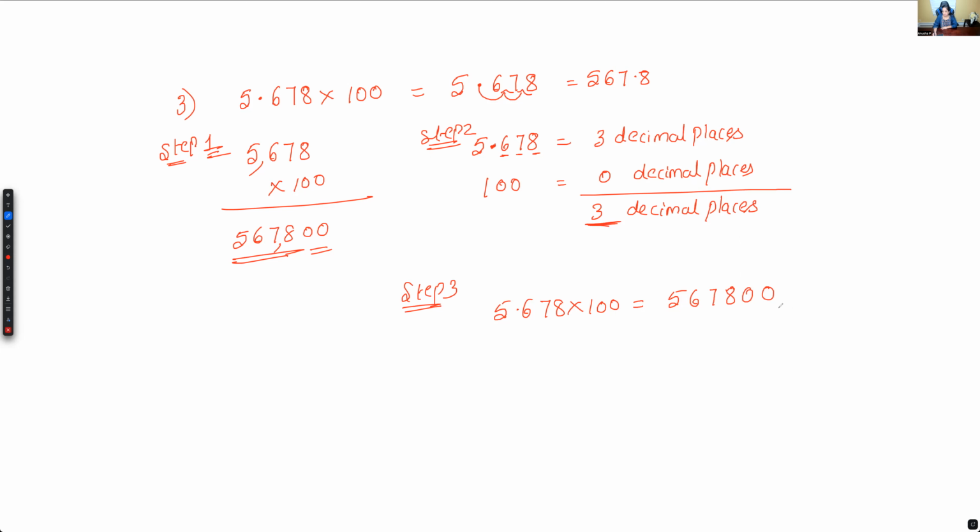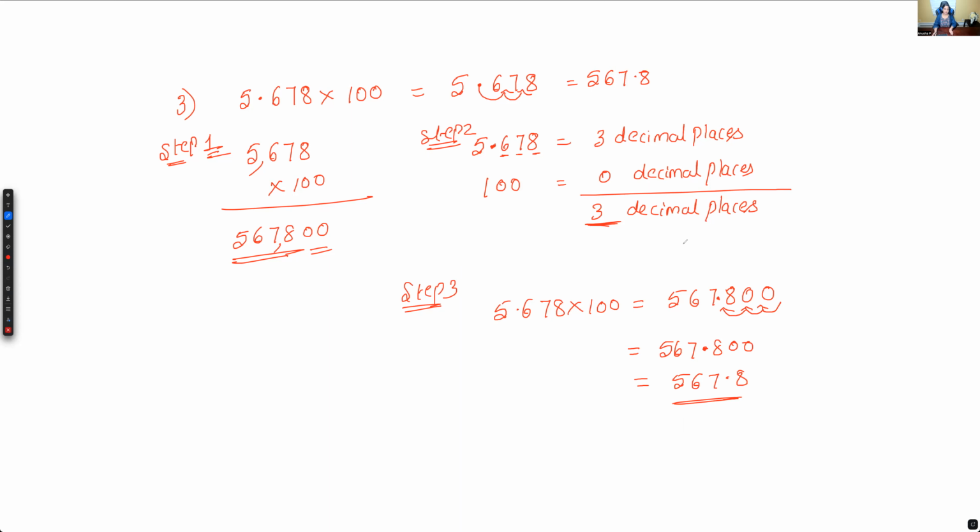So here we are jumping 3 decimal places to the left and keeping the decimal point, which is 567.800, or we can also rewrite it as 567.8. Did you observe that in both methods we got the same answer?